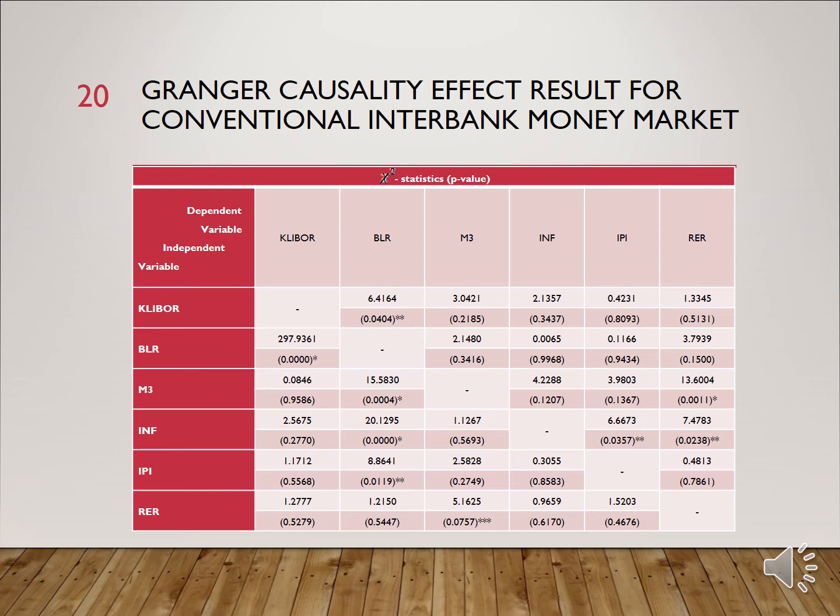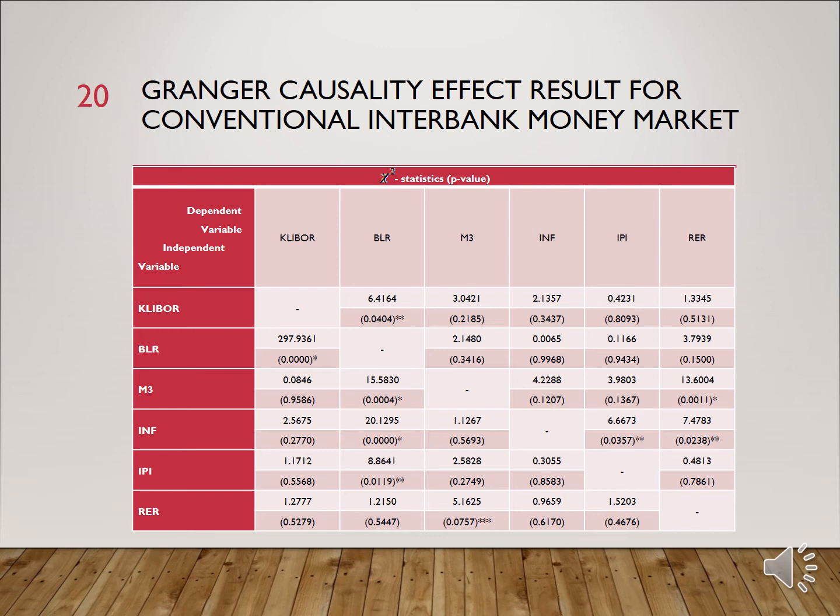And for the multicollinearity issue, we have to drop the stock market from the conventional interbank data set, but we maintain the money supply, due to the higher multicollinearity problem.